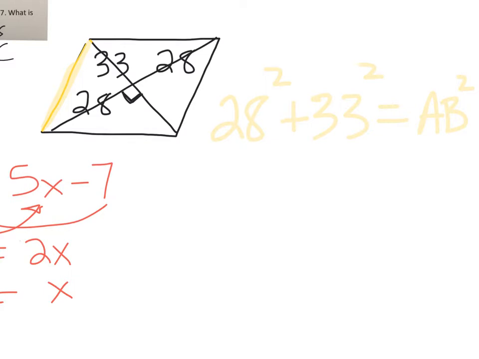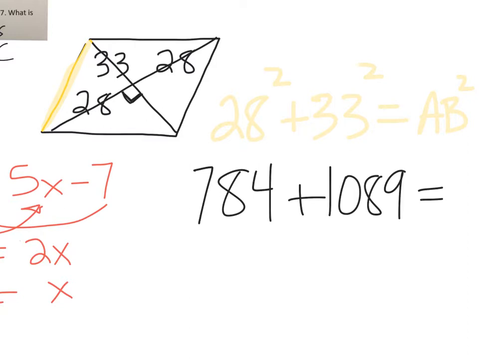So according to my calculator, 28 squared is 784, and 33 squared is 1089. So if I add these two things together, I get 1873.